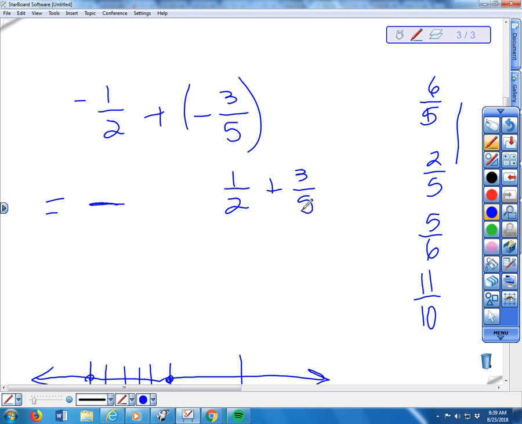Okay? Crisscross, you want to do that one? You want to do a different? Doesn't matter. Crisscross, 10. 5 plus 6. 11 over 10, but it's negative 11 over 10.